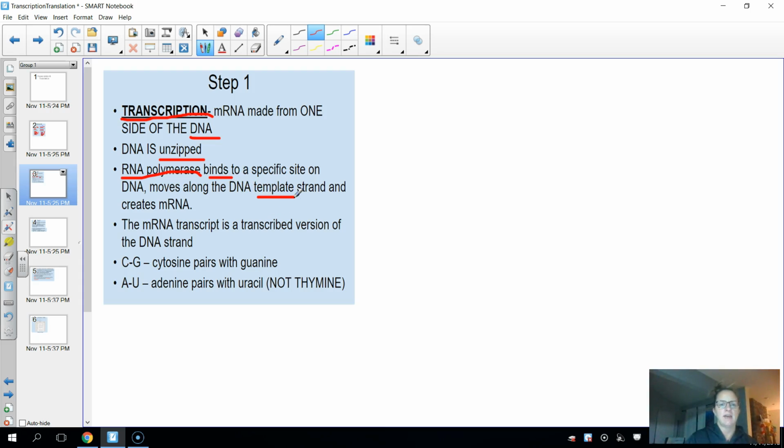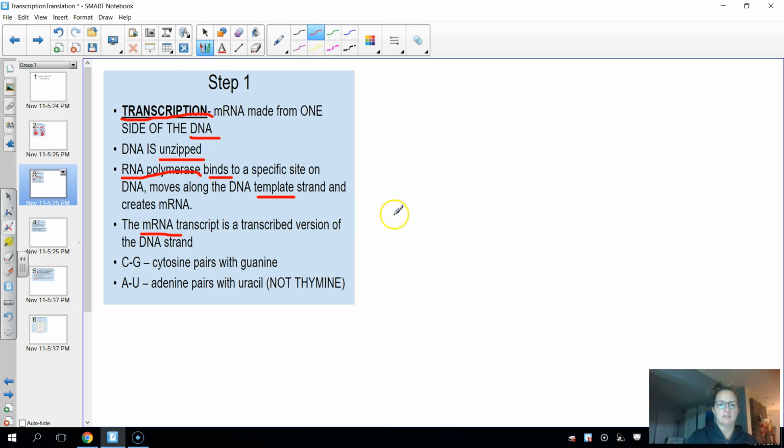The way the enzyme does that is with messenger RNA. There are different kinds of RNA that we're going to have to learn about. Messenger RNA is the one that's in the nucleus, and it reads what the DNA strand is saying. So maybe it says cytosine, guanine, adenine.